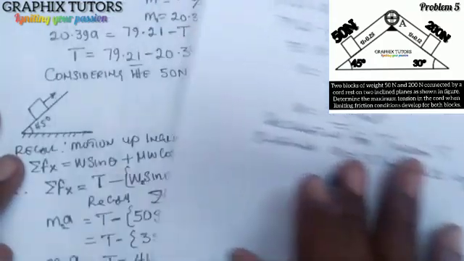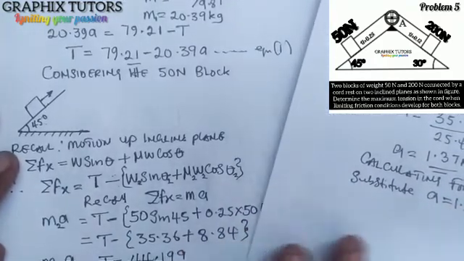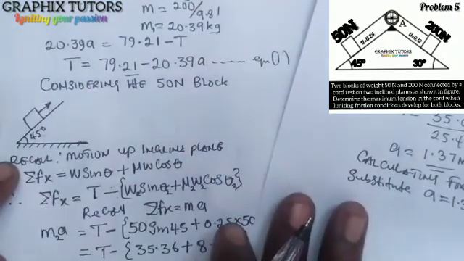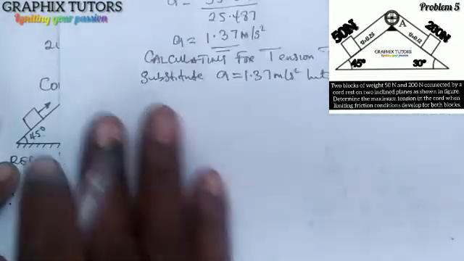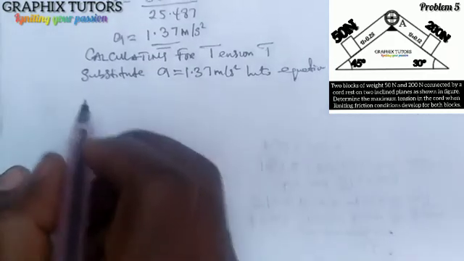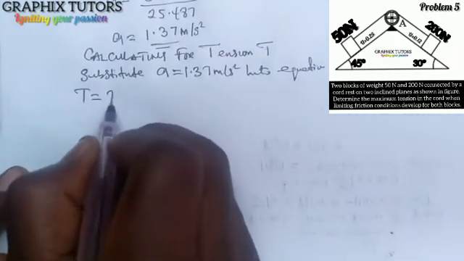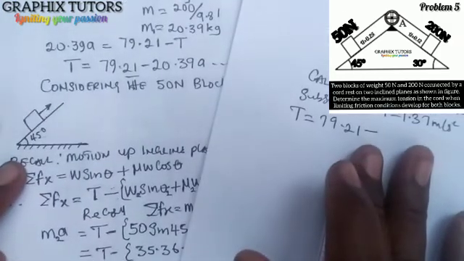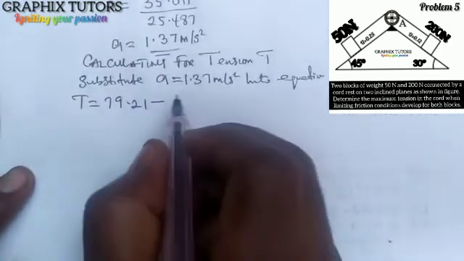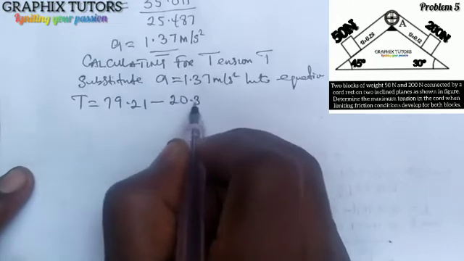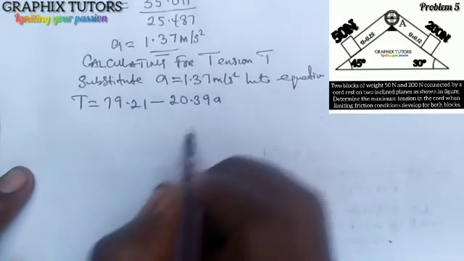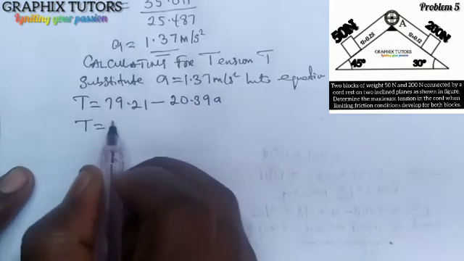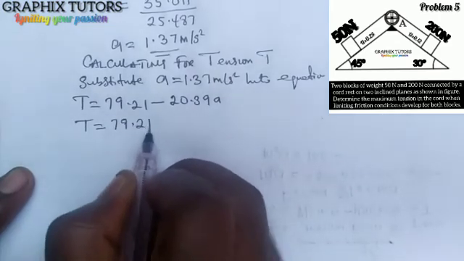My equation 1 here is T equals to 79.21 minus 20.39a.